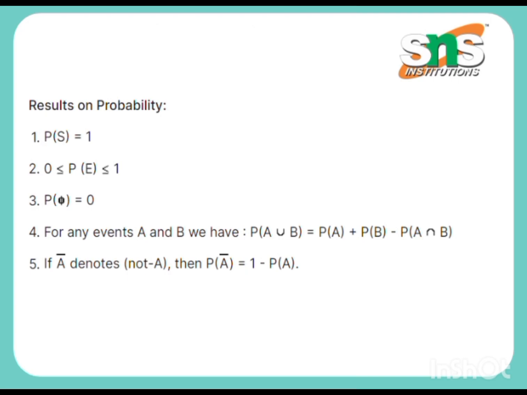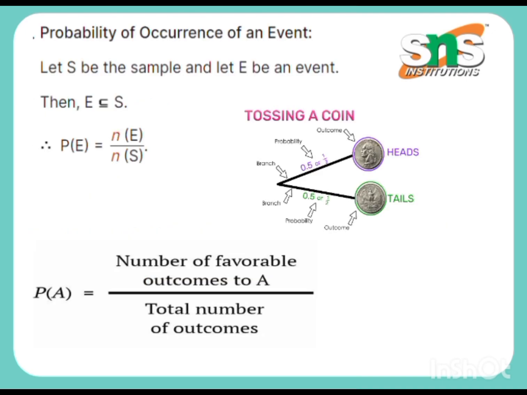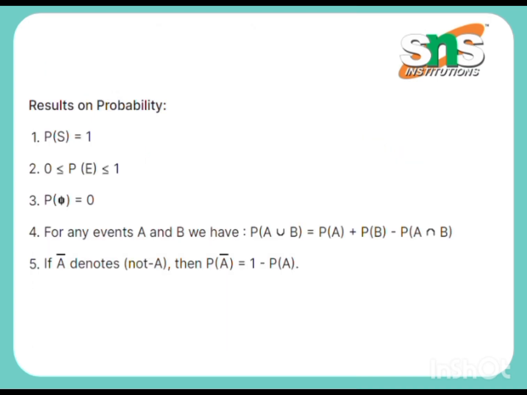The range of the probability of an event will always be between 0 and 1. Here in this slide you can see when you divide 1 by 2 you get 0.5. Similarly, the probability of any event will be between 0 and 1 only. It will not be below 0 or above 1.